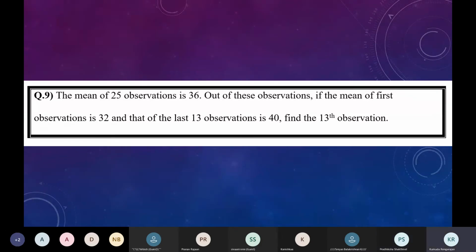Okay, 46. What is the sum of all the numbers? 80, ma'am.